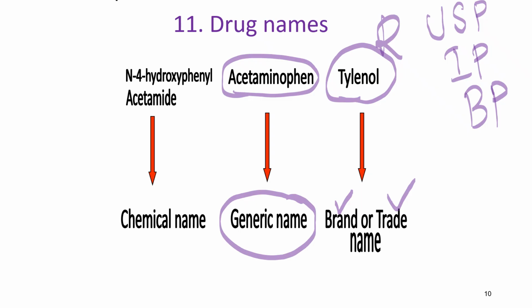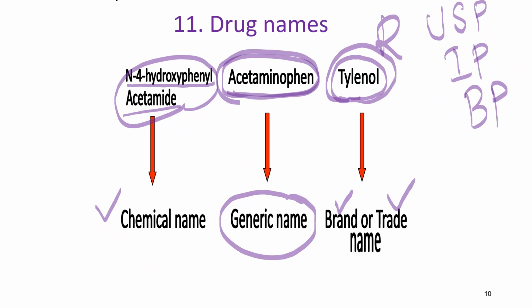Chemical name means the chemical nature of this acetaminophen. That is N-4-hydroxyphenyl acetamide. So that is the chemical name, right? What is easy to remember? Usually attractive names like brand names are easy to remember, but the generic name is the one you have to remember for your boards and for assessments.